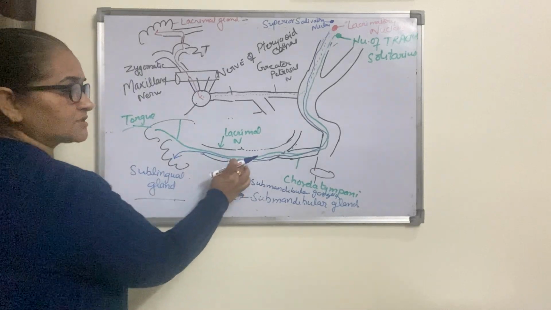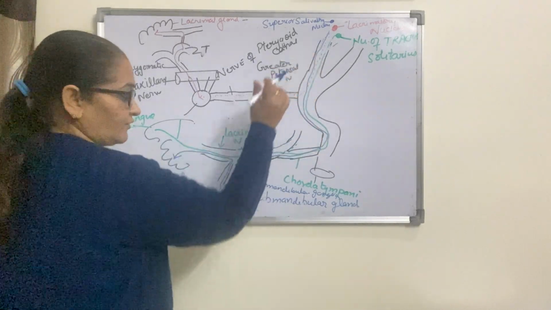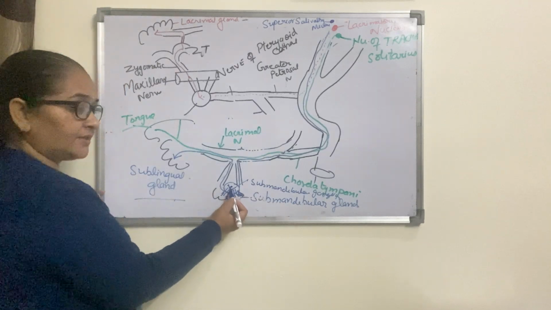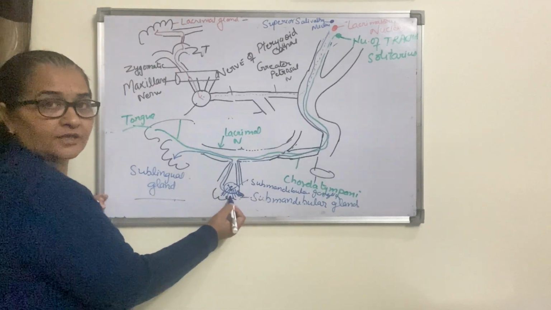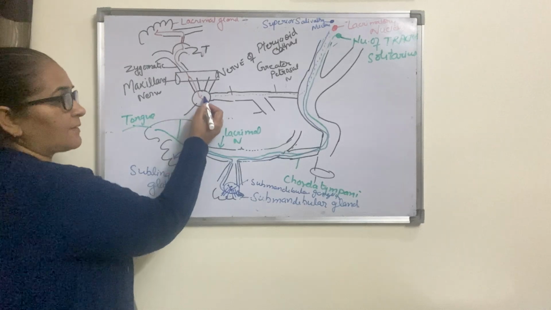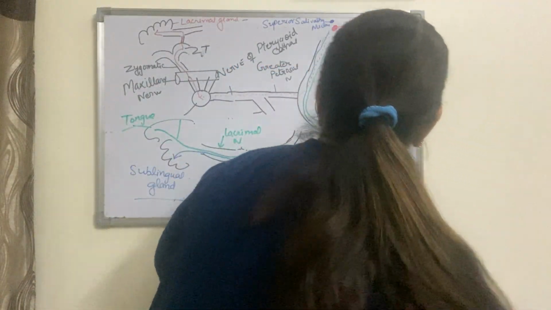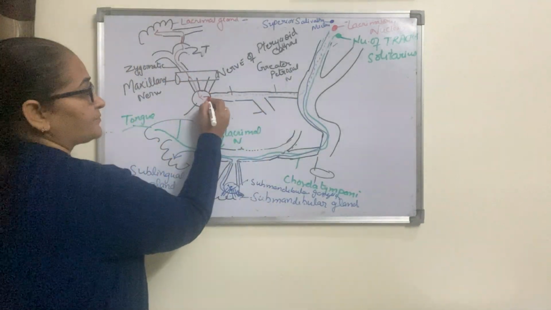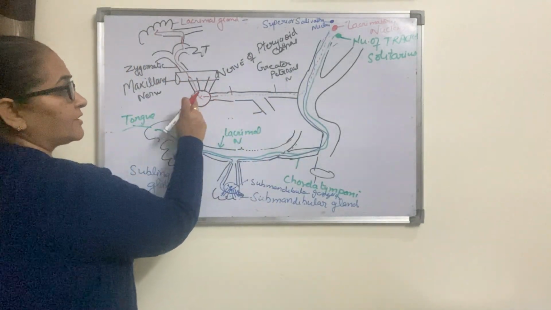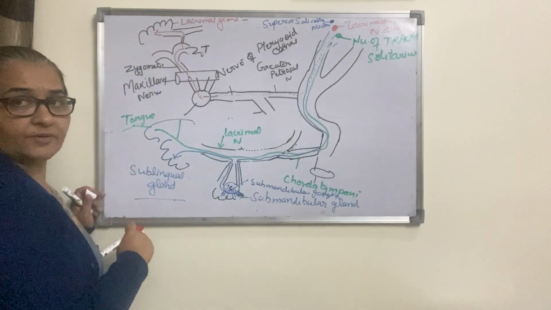So up to here are the pre-ganglionic fibers. Once the relay happens here, these are called the post-ganglionic fibers. So same thing is happening here. Up to this, the fibers are known as pre-ganglionic fibers. Once the relay is happening here, these are known as the post-ganglionic fibers.